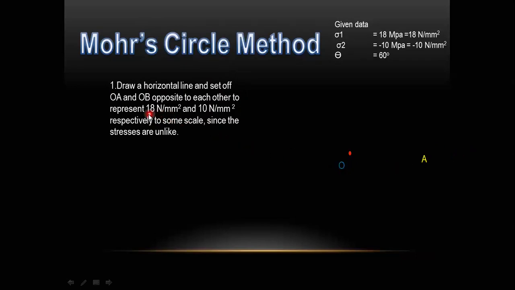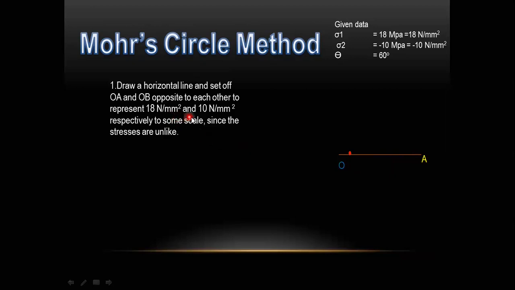One stress given is 18 Newton per mm square. It is positive, so you draw a line to the right side of O. We consider O to A as 18 Newton per mm square, converted to some scale, whether 1 to 100 or 1 to 50, whatever you choose. So we draw a straight line O to A.